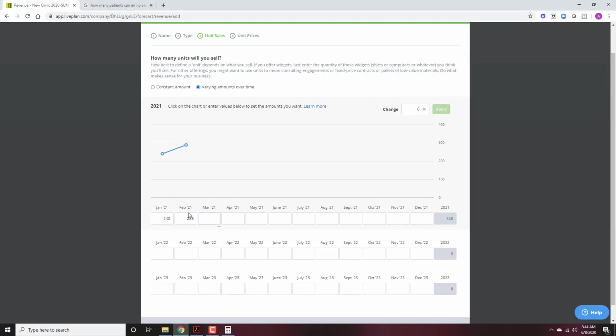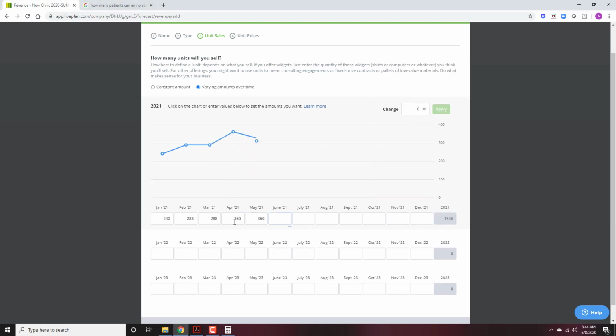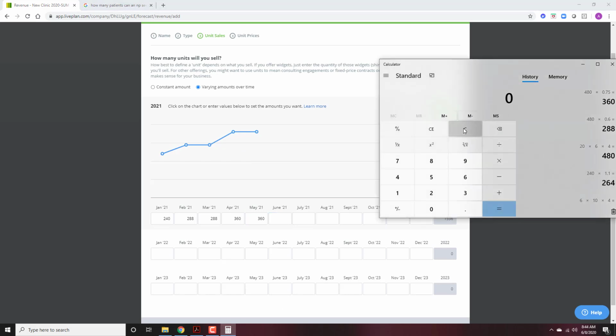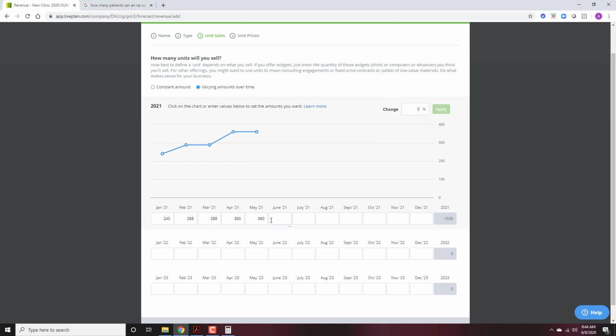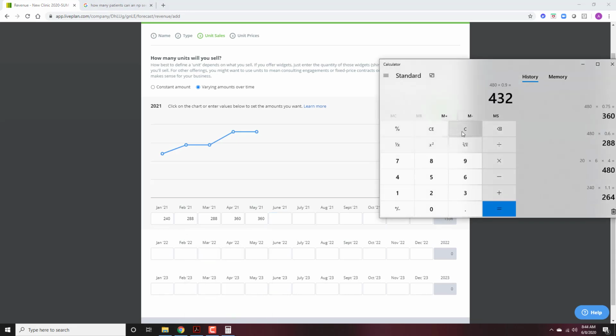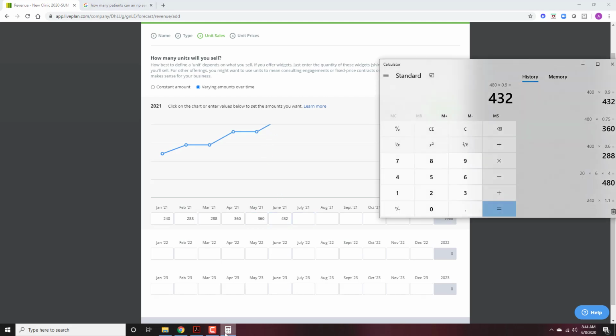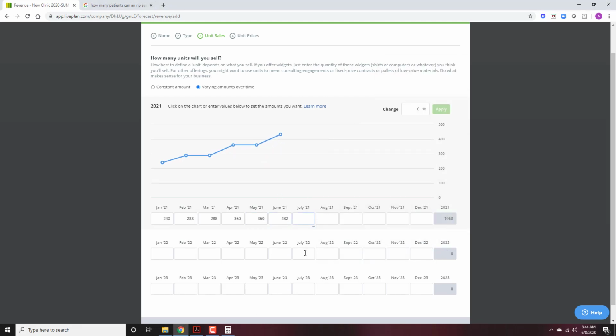And then we see 60% of that in March. And then we take the 480, which is 20 a day, and we do 75% by April. So 360, and then we're at 100% capacity. Let's just say 90 here. So 480 times 90% capacity, 432, and then we're seeing 480 from here.